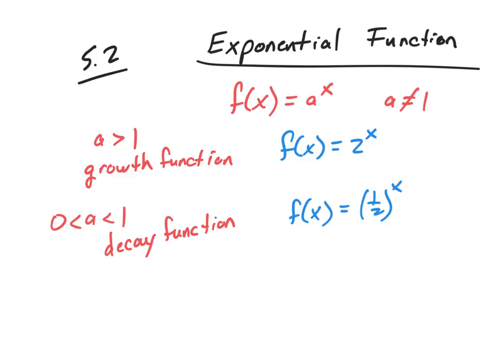So those are your two basic exponential functions, a growth function and a decay function. I'm going to show you what they look like here in just a second, how we can find some values really quickly, and then we're going to talk about some transformations of the two of those.